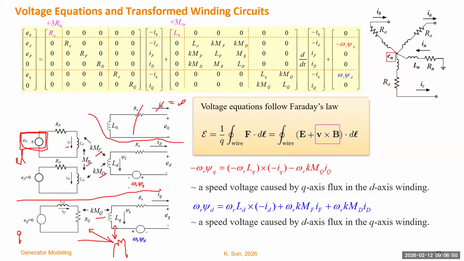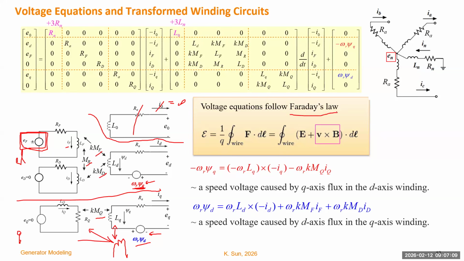But compared to a transformer, we know there are two speed voltages. This one is a voltage proportional to the flux linkage in the Q axis, and this voltage is proportional to the flux linkage in the D axis.